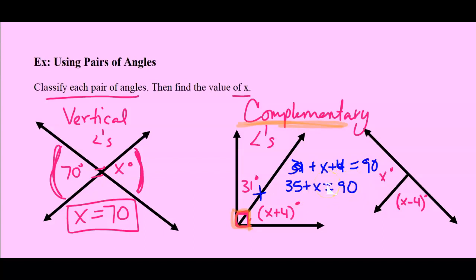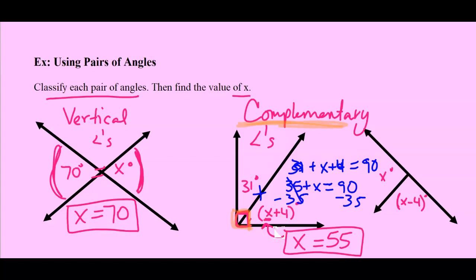Continuing to solve for x, we're going to subtract 35 from both sides. And we get x is equal to 55. And we're just going to say 55, not 55 degrees, because x is not the degree. It's just part of an expression that gives us the degree value.